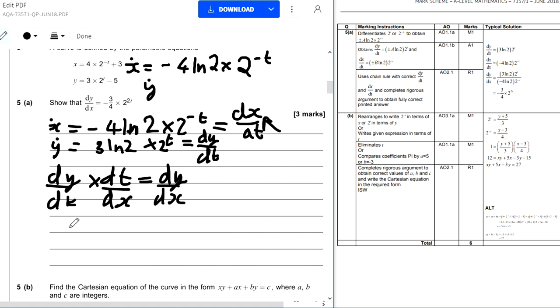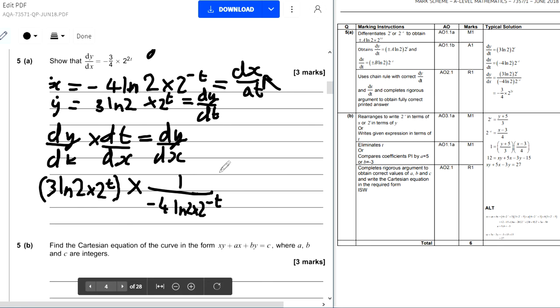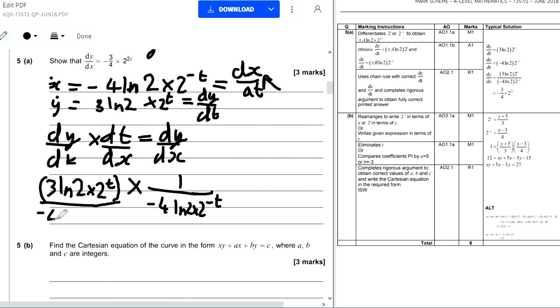So let's plug that in. dy dt is 3 ln 2 times 2 to the t, and dx dt is minus 4 ln 2 times 2 to the minus t, so we take 1 over that. There we go. I'm just going to tidy that up and bring this over here.